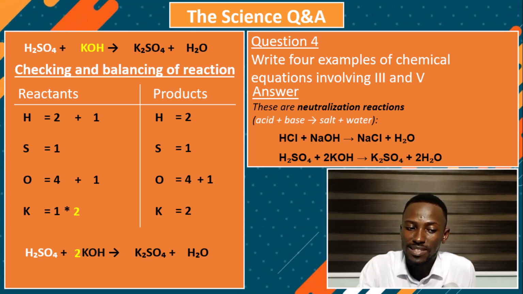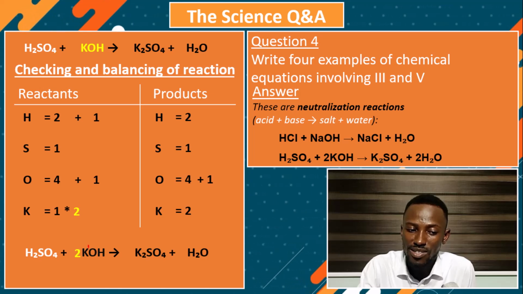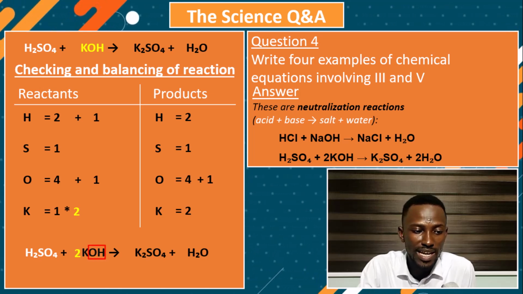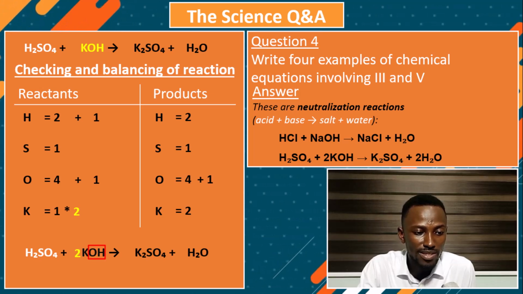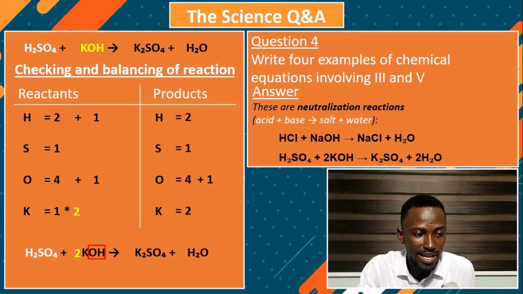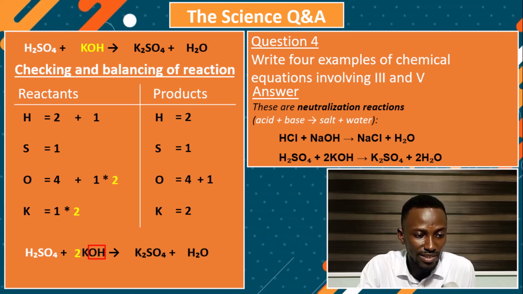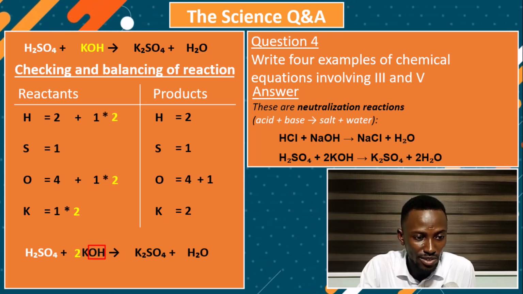The 2 placed there is affecting the oxygen in the KOH and the hydrogen in the KOH. That means the 2 is going to multiply the oxygen and the hydrogen.